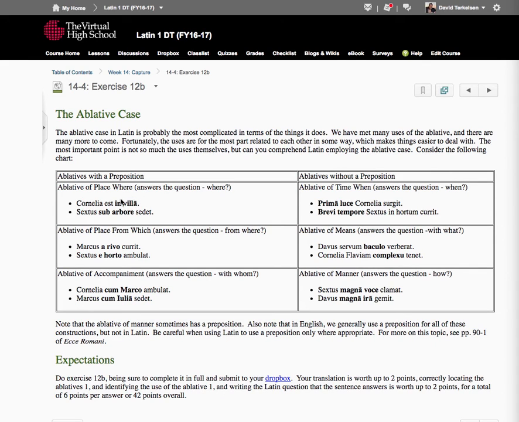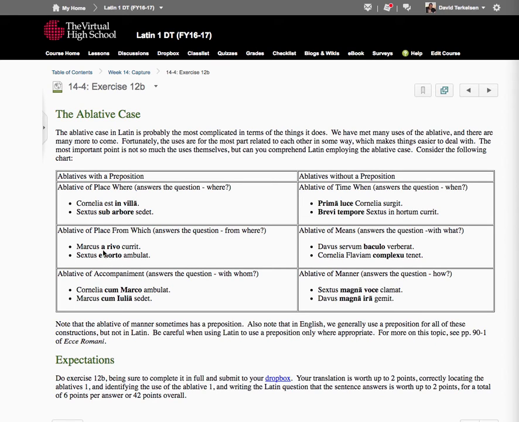This villa here is a first declension noun. That long A shows that it's ablative. Arbor is a third declension noun. The short E is the ablative ending for that declension. Rivus means stream. That's second declension. The O there is ablative for second declension, as we see also here with hortus, which is garden.